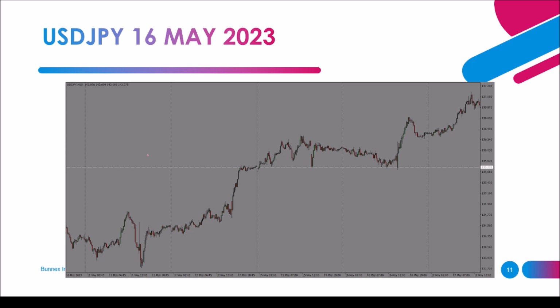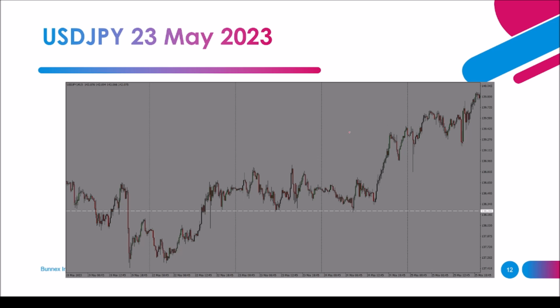In this particular case, this was USDJPY, 16th of May 2023. We had a rally. This rally actually broke structure. After breaking structure, we had a day of consolidation, price almost at the same point. Then this was the low of yesterday, and on the following day you can see they came back to retest it and went to the upside like that.